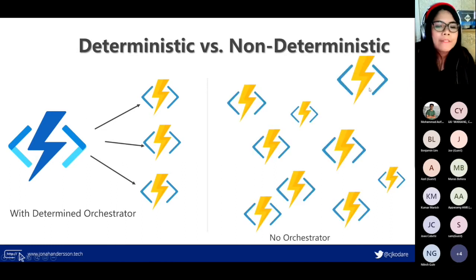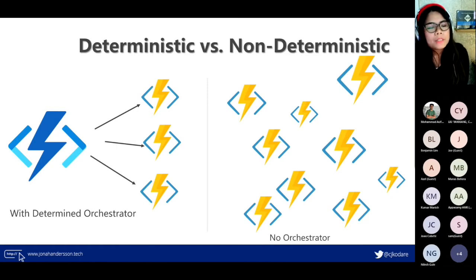But if you don't have an orchestrator, it looks like this, like it's just everywhere. It's isolated, just like when you create a function app or one function. So they're kind of like mini functions or microservices that perform specific tasks.